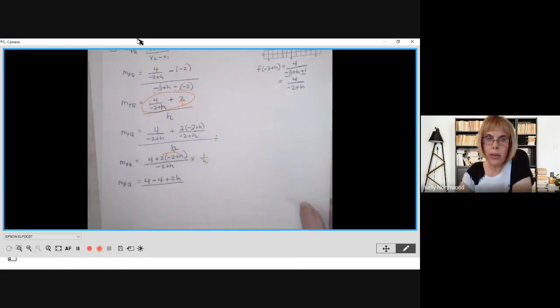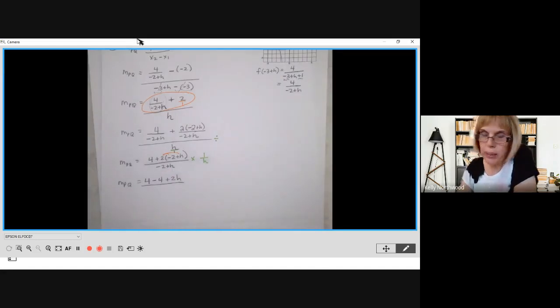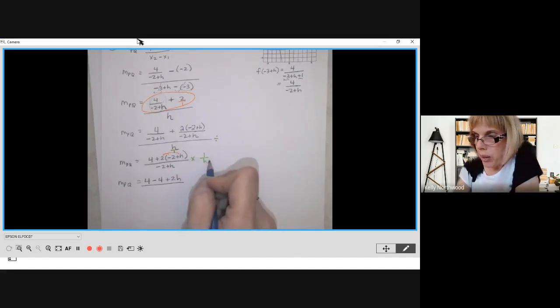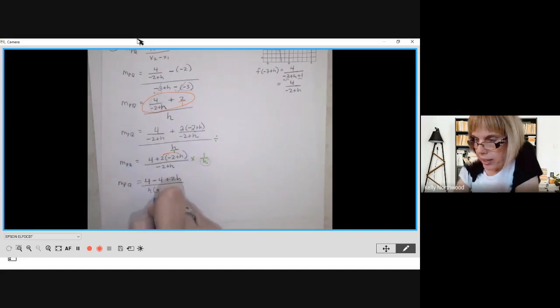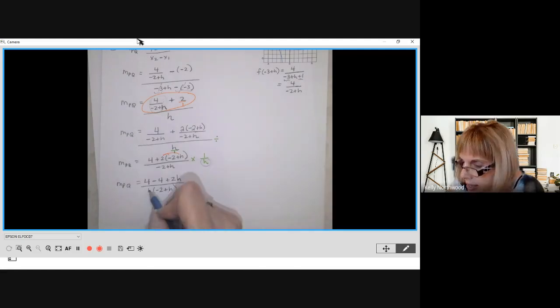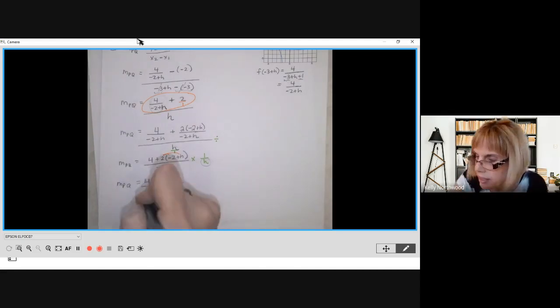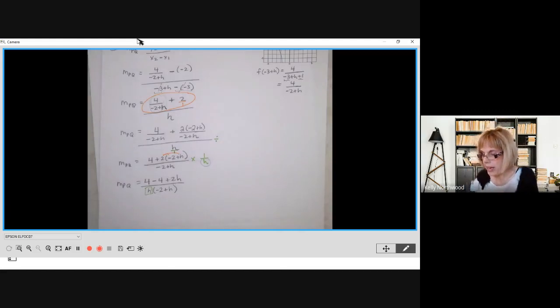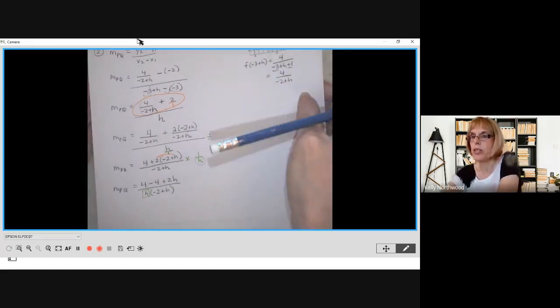Over the denominator, though, if I'm multiplying h by -2 plus h, I might want to put my monomial term out front and then use brackets to show that I'm multiplying by -2 plus h. Knowing that this h here is the one I call my problematic h, the one I can't let h approach 0 if I've got that h there in the denominator, because then the denominator is approaching 0. So that's the one I'm hoping to be able to divide out using some kind of algebra as we go through.